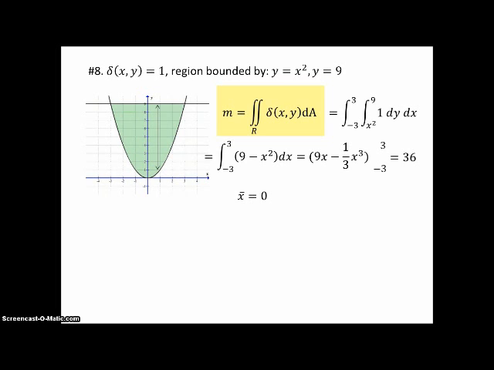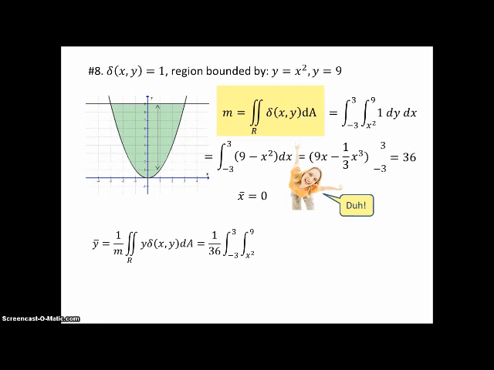X bar is obviously 0, right? Because the density is uniform, so it's going to be somewhere along that center line. And then y bar is 1 over m integral of y times the density, which is just y. Take the antiderivative of y, and it's half y squared. I put the 1/2 on the outside. (9 minus x squared) squared. And then integrate that with respect to x.